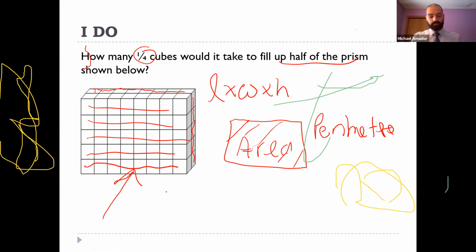Let's go to, what I'm actually going to do is, I'm going to switch to my document camera and finish working this out on the doc cam.